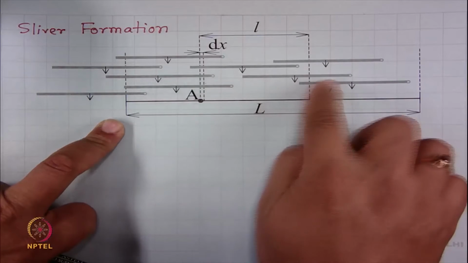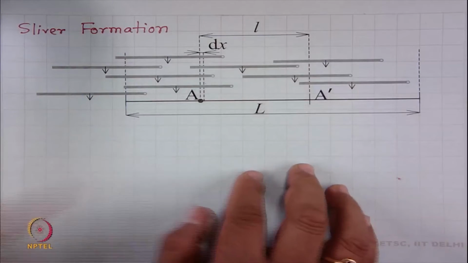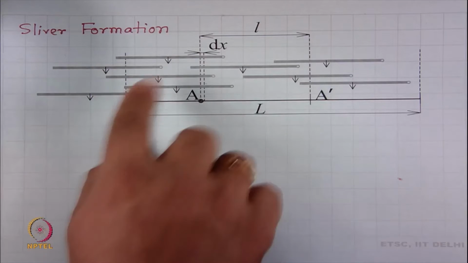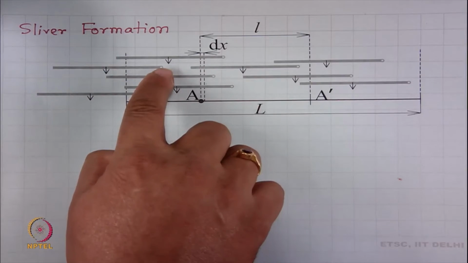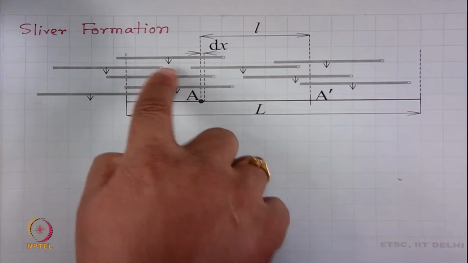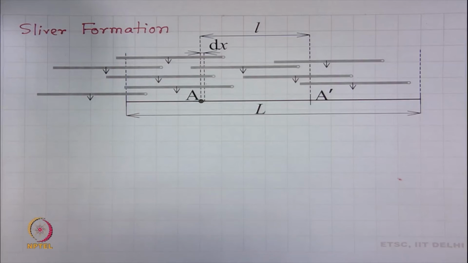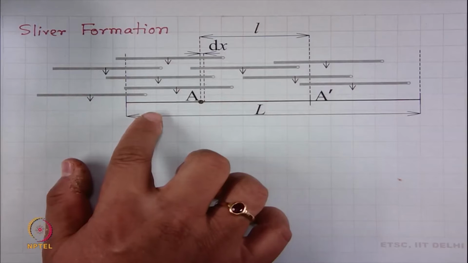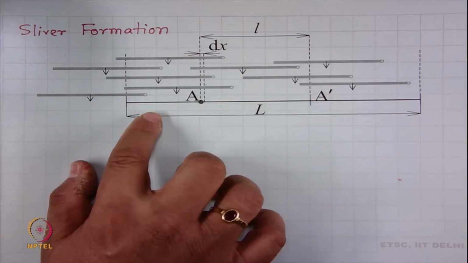These are the fibers. Each fiber has length small l. All fibers have the same length, that is small l. The downward arrow indicates the deposition of fibers. Here, imaginatively, fibers will fall at the bottom and form the sliver.